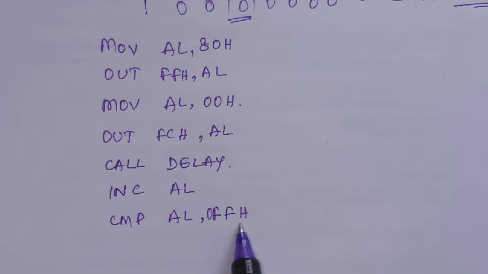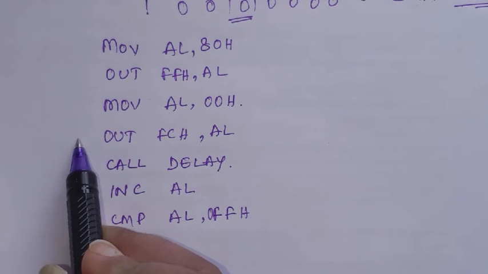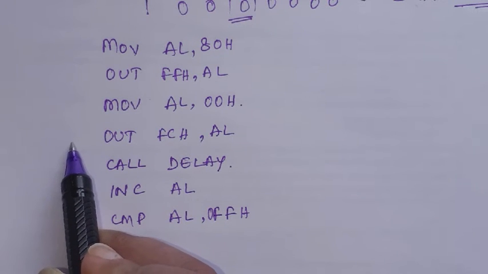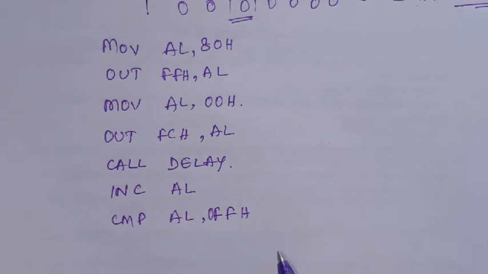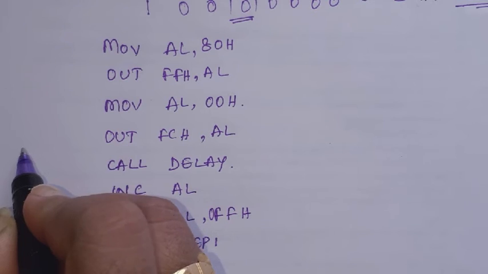If it is not FF, then again, 01 it became, it is not equal to FF. So again send this to output port A. Okay, so compare this. If it is not equal, then repeat. So this repeat label will come where? Out.